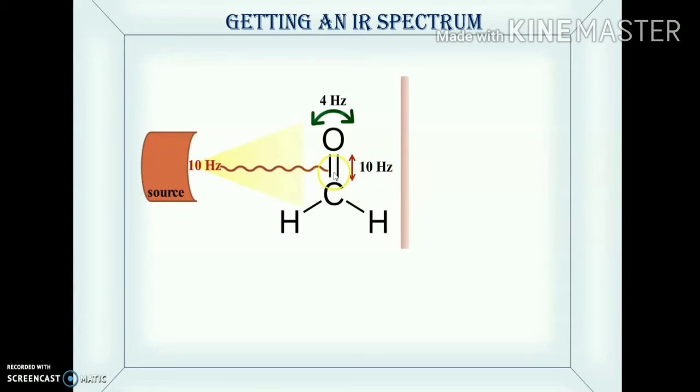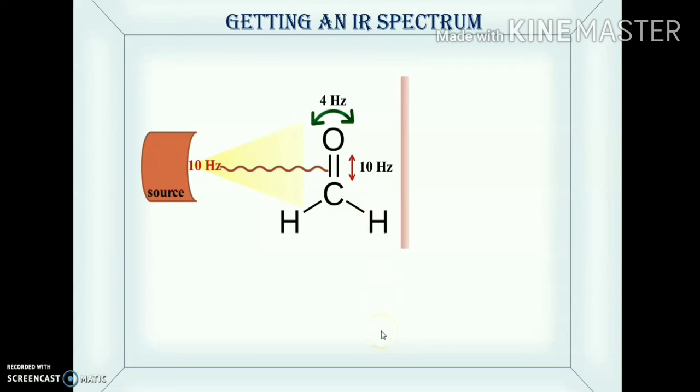So we conclude from this that if the radiation subjected upon the molecule has a frequency equal to the frequency of vibration of the functional group over here, then the molecule absorbs that radiation. Otherwise, it does not absorb the radiation and it transmits all the radiation. That means no absorption of the IR radiation will take place if the frequency of that radiation does not match with the frequency of vibration of the molecule.